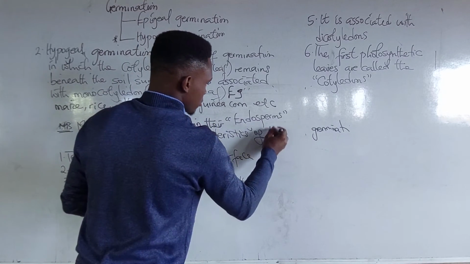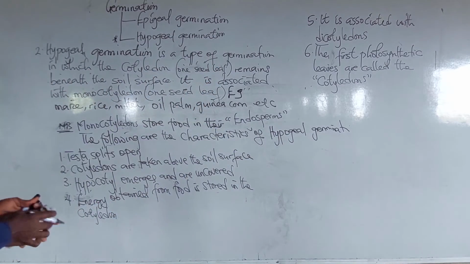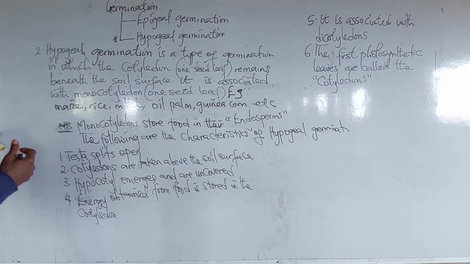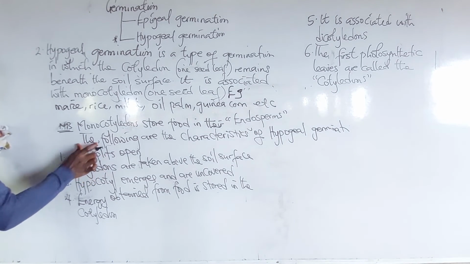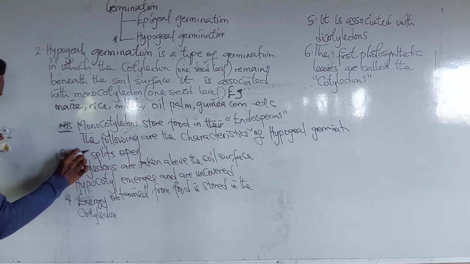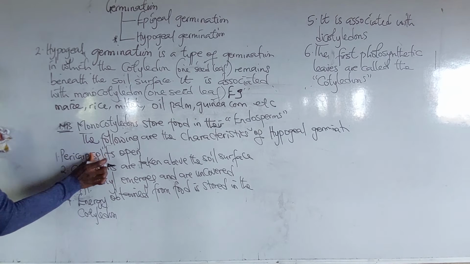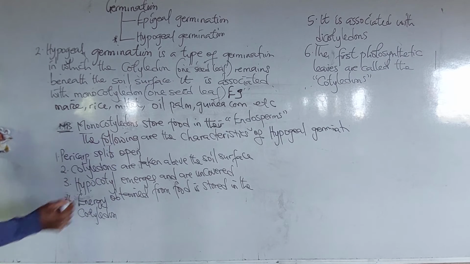The following are the characteristics of hypogeal germination. One, plants or seeds that exhibit hypogeal germination do not have testa. They have what they call pericarp. Pericarp splits open, alright?